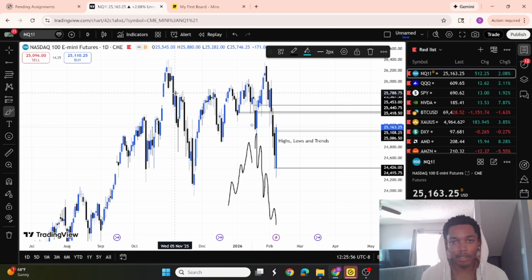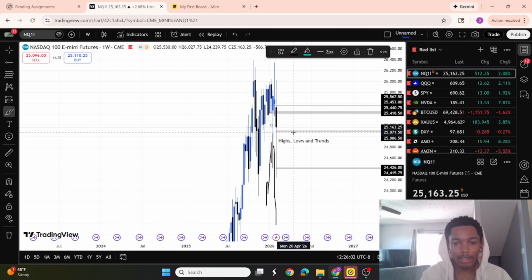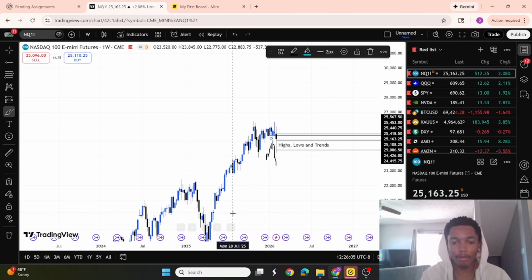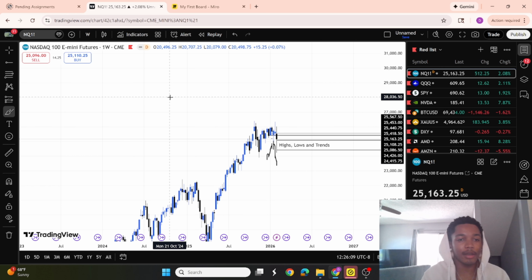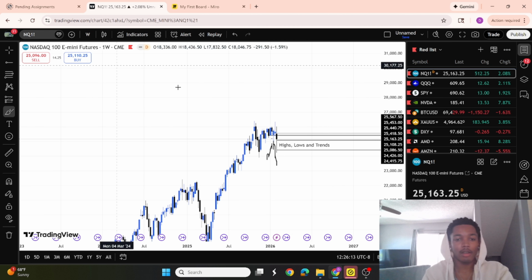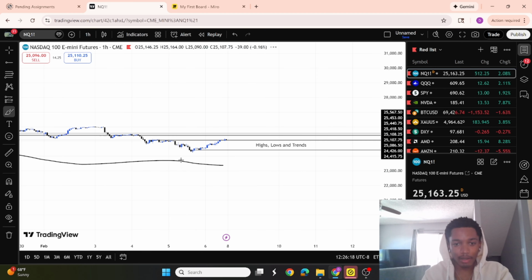Same thing with the stock market, okay? So the weekly time frame is going to have more of a stronger bias than the 15-minute or the 1 hour or the 4-hour. You feel what I'm saying? Because this is tracking an entire week of price action. Okay? So that's pretty much highs, lows, and trends.